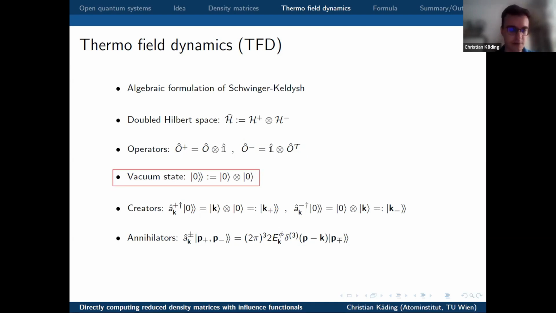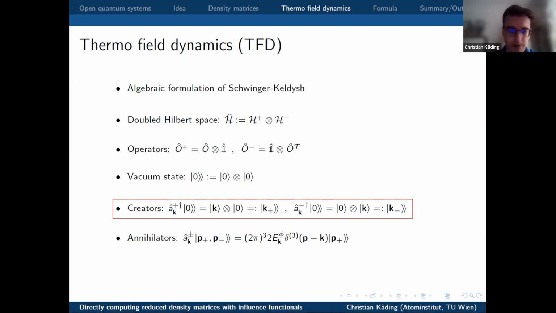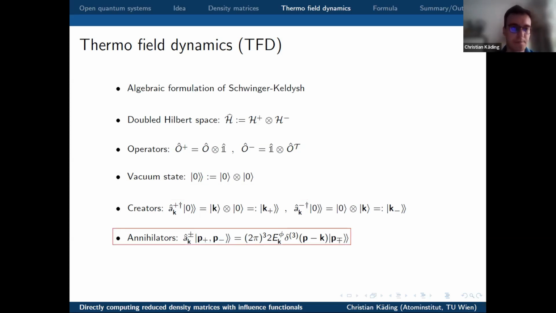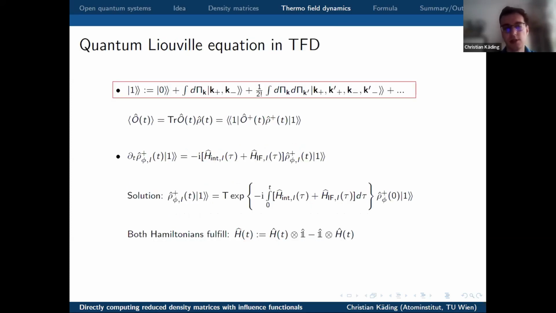You can also define a vacuum state and introduce this nice double ket notation. And of course, you can also have creators and annihilators as always, but you have to distinguish between plus and minus creators and annihilators. In addition, you can define this one state here, which allows you to take traces in thermo field dynamics.